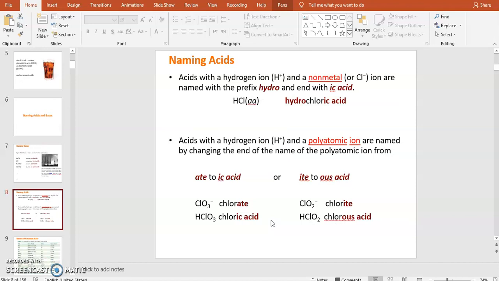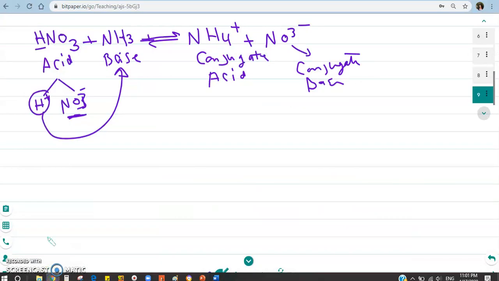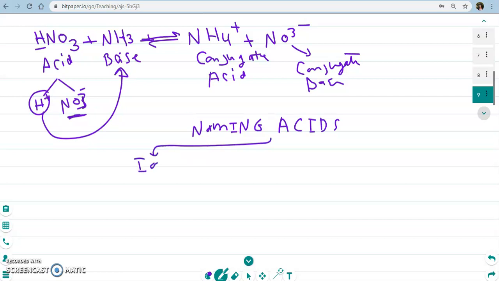With the acid, we have two situations here. If the formula has acid, naming acid with an ion or with a polyatomic molecule.